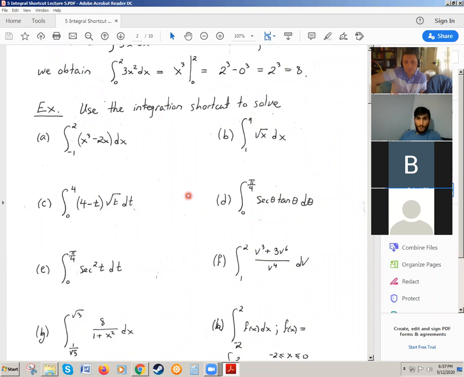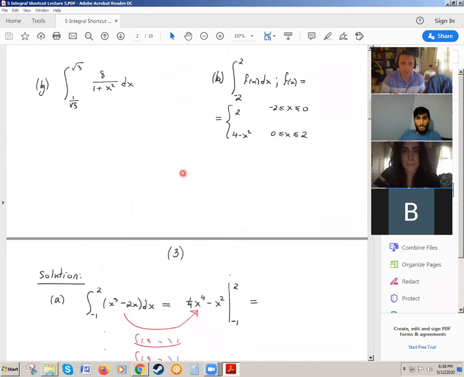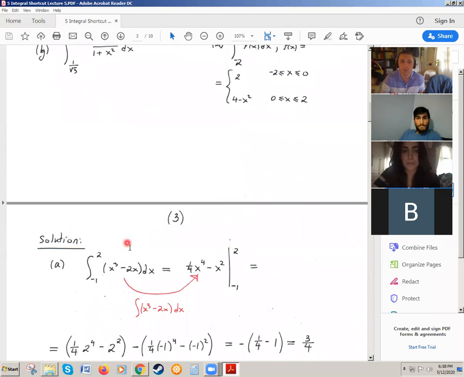Then you add that to 1 over 4 times negative 1 to the 4th minus negative 1 squared. When you say add, I just have to be sure. Okay, here is how I wrote the procedure, guys. So you said it correctly, Joel, right?